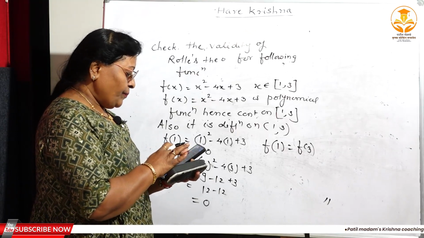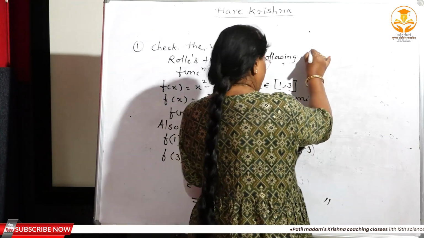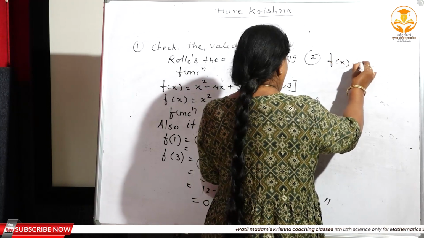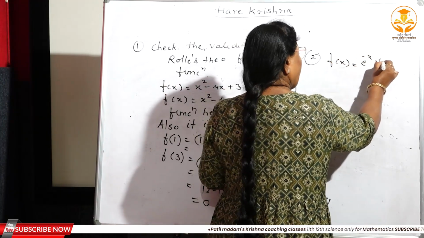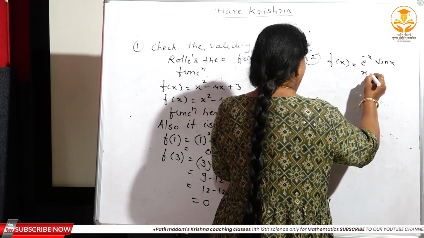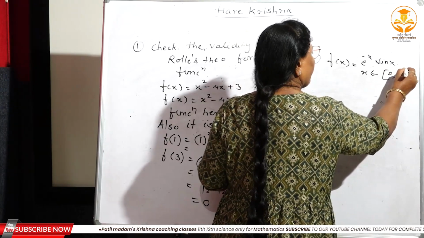Now I will take another problem, simple ones here. The second one: suppose they have given f of x is equal to e raised to minus x times sin x, x belongs to [0, pi], isn't it?